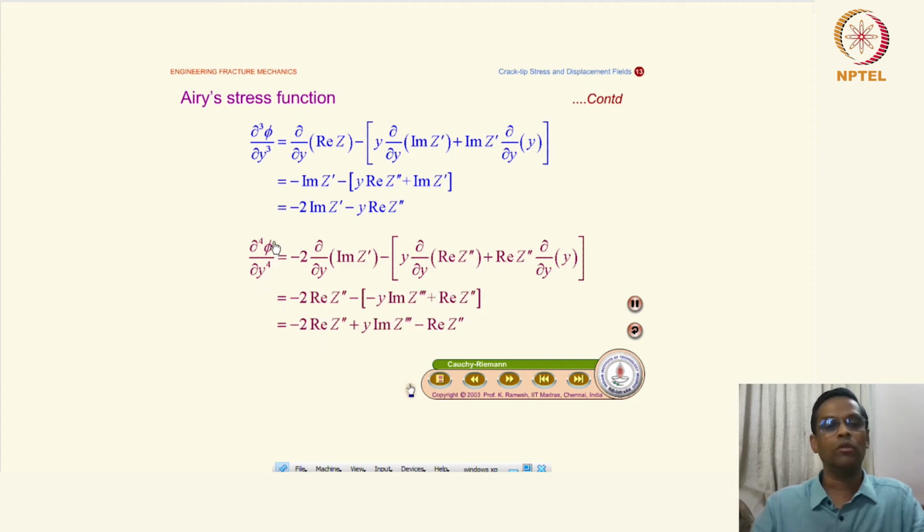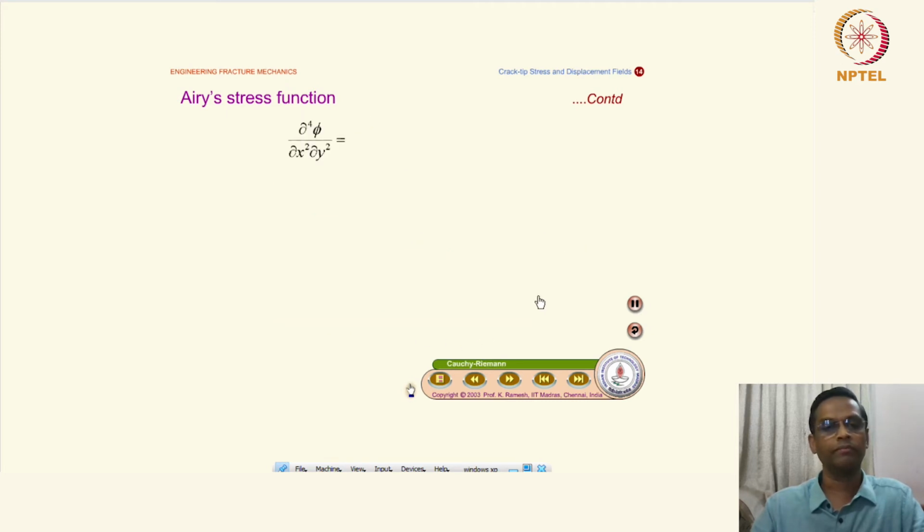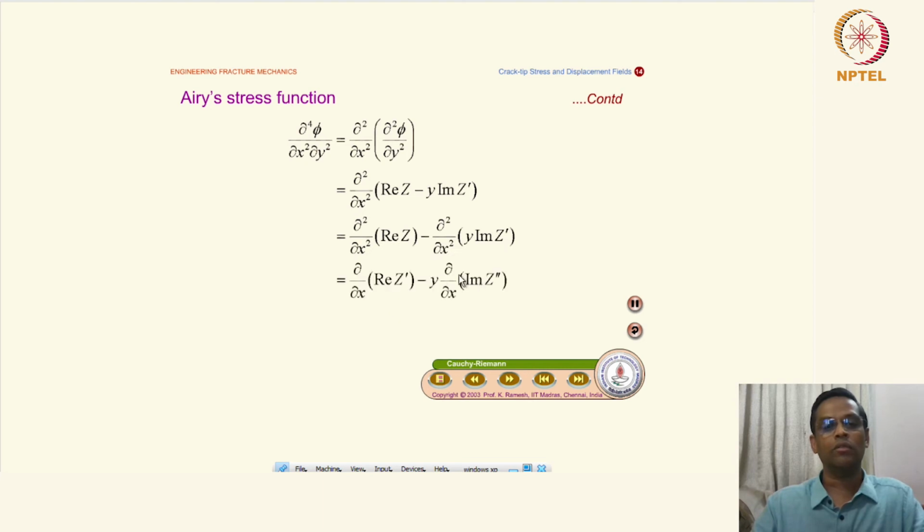For dou to the power 4 phi by dou y to the power 4 it is minus 2 real part of z double prime plus y imaginary part of z triple prime minus real part of z double prime. Now we can take this, and because we know dou phi by dou y square already, we can substitute that and get this quantity again, which is nothing but real part of z double prime minus y imaginary part of z triple prime.